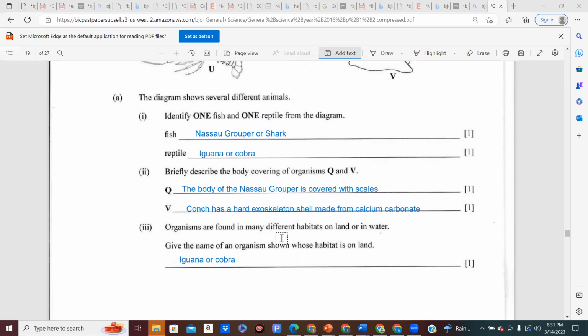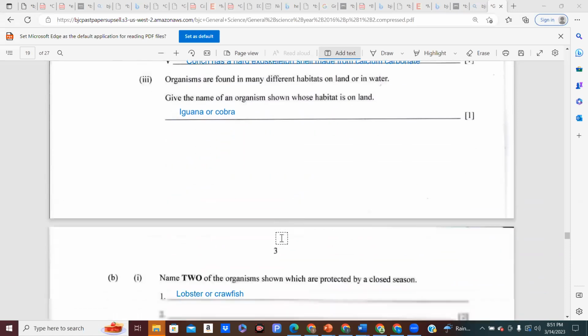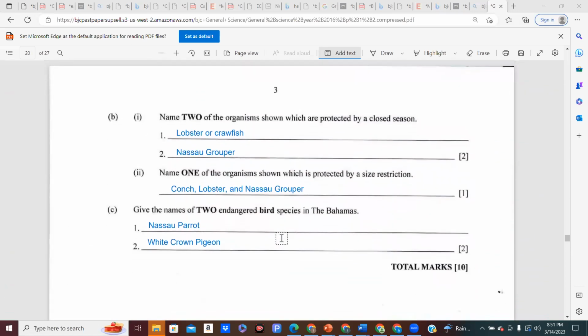Thank you. Alejandra, can you describe the body covering of a Nassau grouper? The Nassau grouper is covered with scales. Very good. Write this down, take a picture of your class notes and send it to me via WhatsApp tonight.